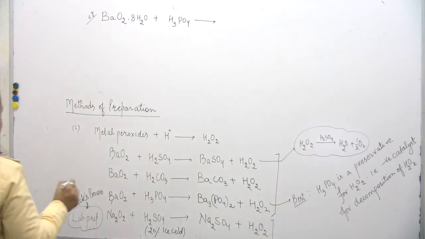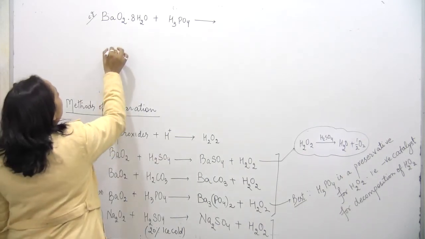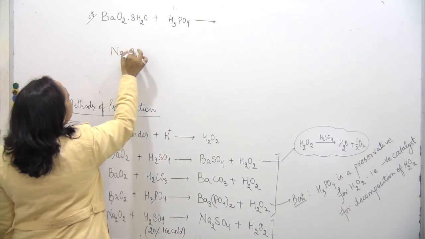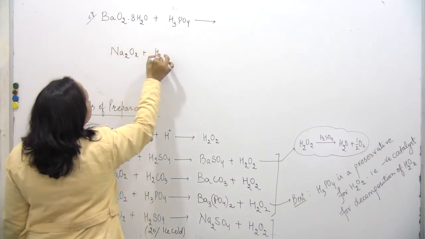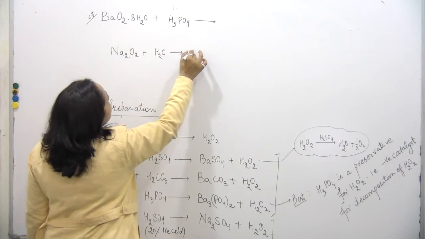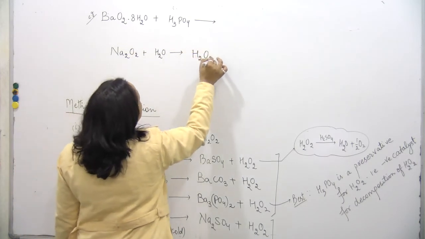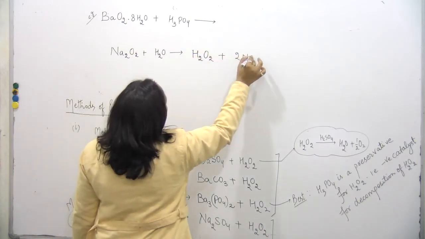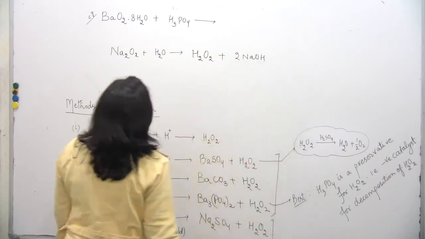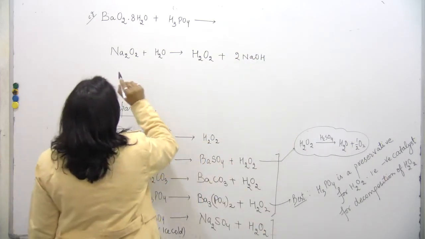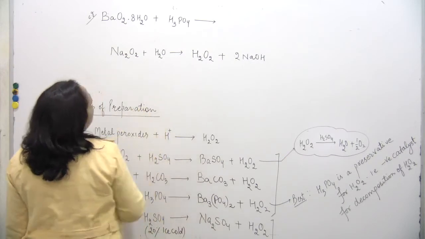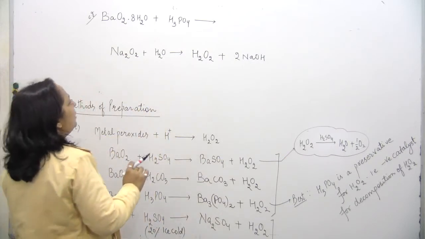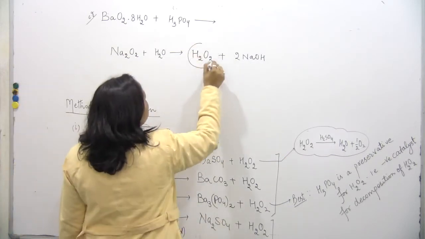Now in this reaction, a question arises: if we have sodium peroxide plus water, what will be the answer? The answer should be hydrogen peroxide plus NaOH, two NaOH, and we get the formation of sodium hydroxide and hydrogen peroxide.